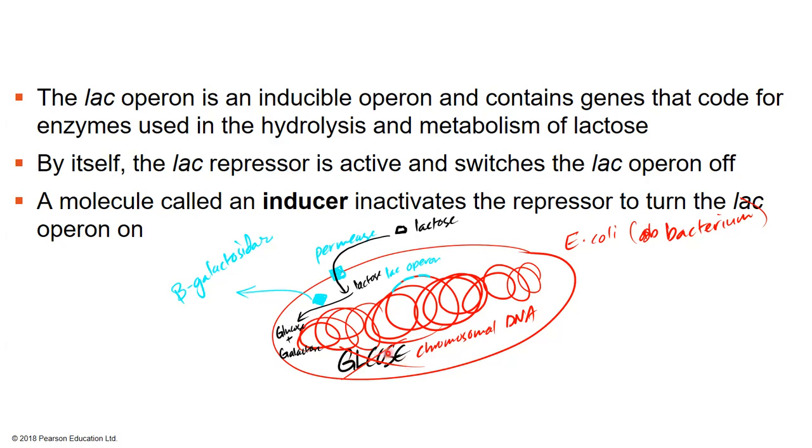But if there is no glucose, so if the glucose concentration is very low, and this is very important, and there is lactose, then the lac operon expression will be turned on.